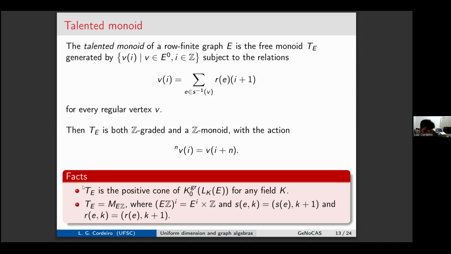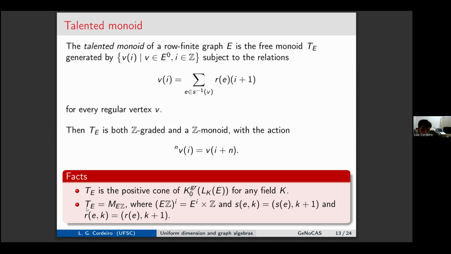And similar facts hold for the talented monoid. It is, again, in the cancellative case, the positive cone of the... this one is always cancellative. Yes. It is the positive cone of the graded K0 group of the Leavitt Path algebra of E.